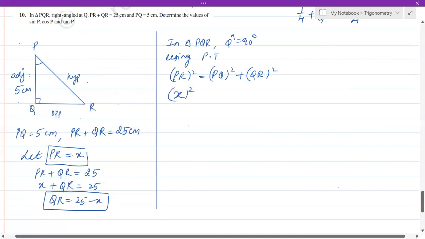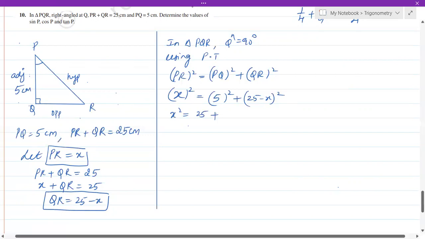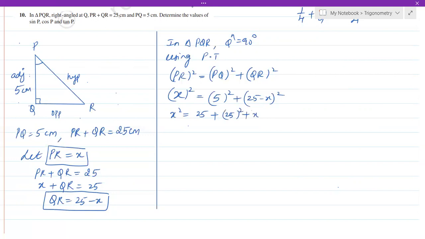It is 5. What is QR? We have got it as 25 minus X, the whole square. So X square is X square itself, 5 square is 25. Now 25 minus X, the whole square, is in the form of A minus B, the whole square. So A square plus B square minus 2AB.